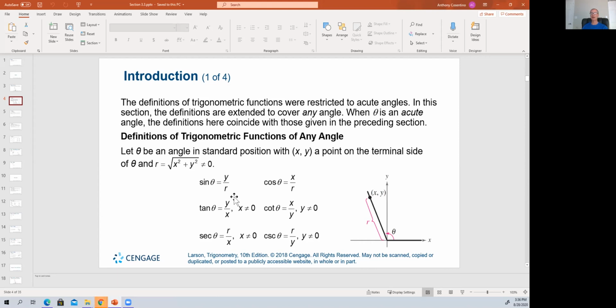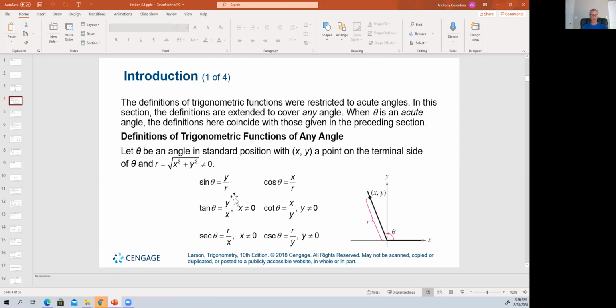The sine is the y value divided by r, which is the hypotenuse, and the cosine is the x value divided by r. So remember, r is always positive and it's never 0. So sine and cosine are defined for any angle. But for all the other ones, you can see we have either an x or a y in the denominator.